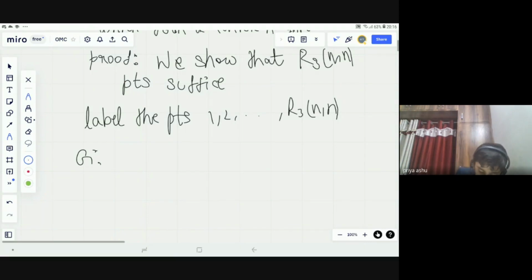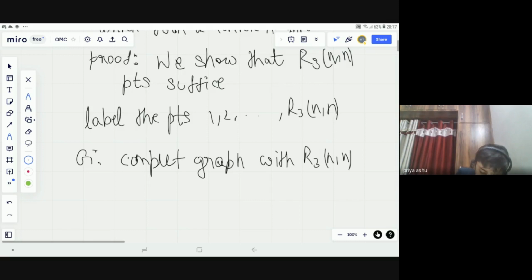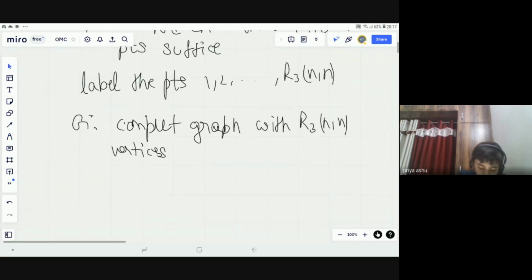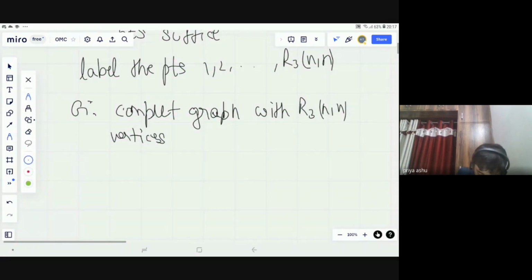So we construct a graph G. This is a complete graph with R3 of n comma n vertices. And we color the triangles of G in this way.